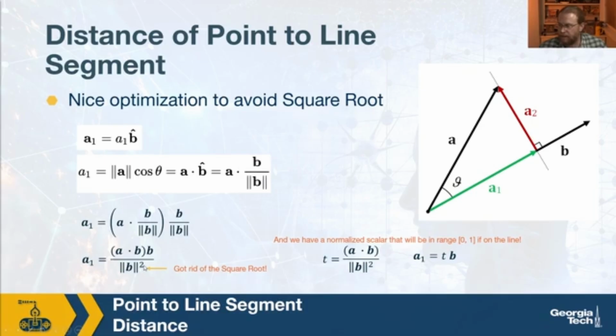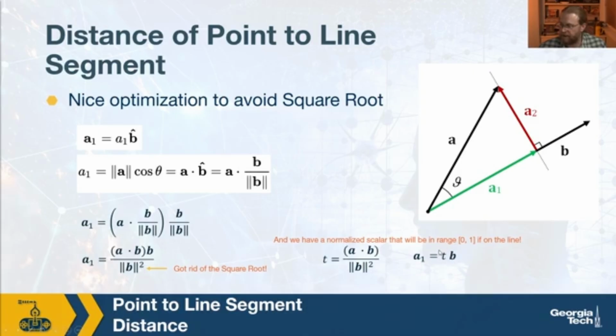The other thing we can do is define a normalized scalar. So rather than using unit vector b to define where along the vector b we are, we can say that the projected vector a is equal to t, which is equal to all this stuff that we separated out from the equation on the left, times vector b.